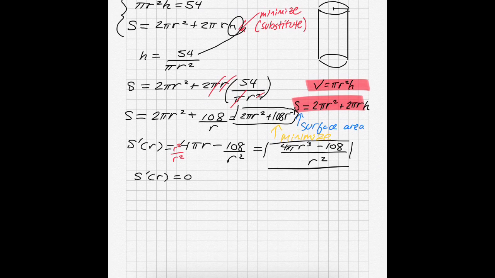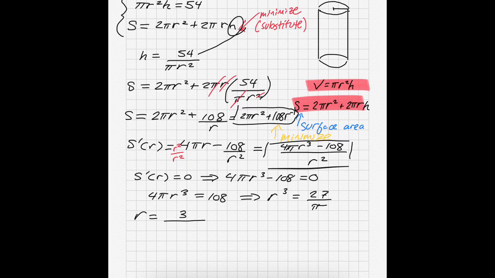Then let me look for where that derivative is 0. It's really just going to give me the numerator equals 0, right? So 108 divided by 4 is 27 over pi.